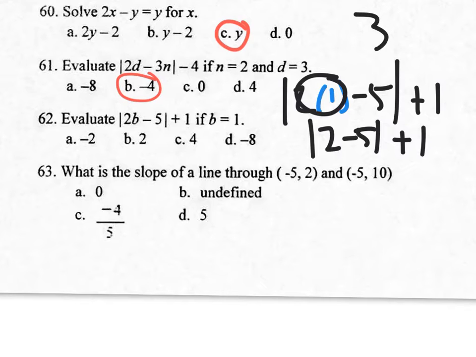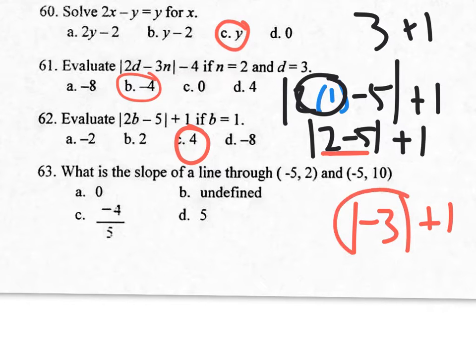So you really have positive 3 plus 1, which the final answer is 4, which is letter C. Why did I change the 3? What is 2 take away 5? So that's the absolute value of negative 3 plus 1. And the absolute value of negative 3 is positive 3 plus 1 does give you the 4 that we have on our answer right there for C.